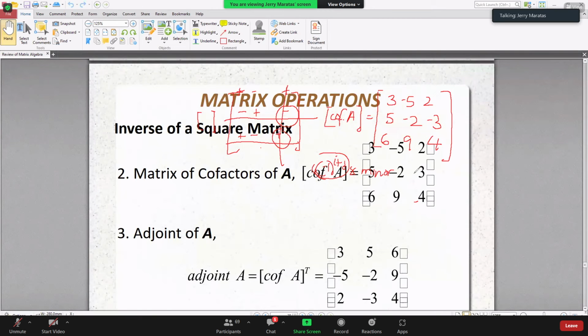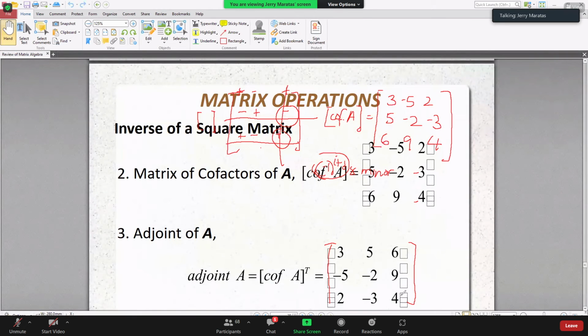So nasayop lang ni, it should be negative, okay? So kita mo sakto, no? Kaya tanawa. Pagkuha sa iyang transpose, you simply interchange the rows and the columns. So 3, 5, 6 becomes the first row. Negative 5, negative 2, 9, the second row. And this one is the third column. This one becomes the third row.